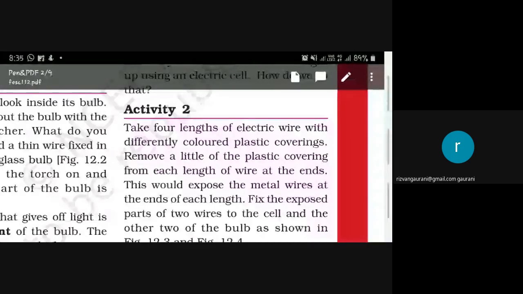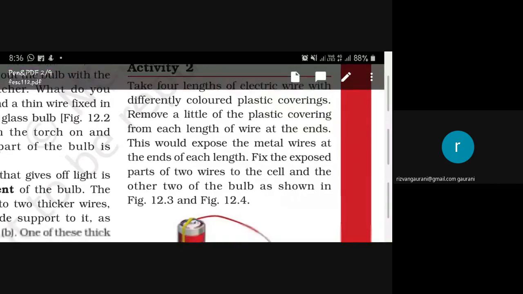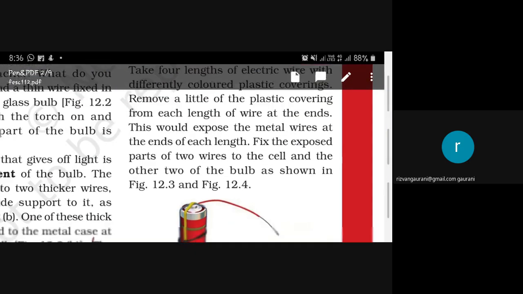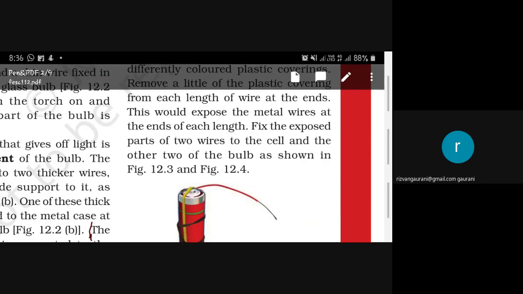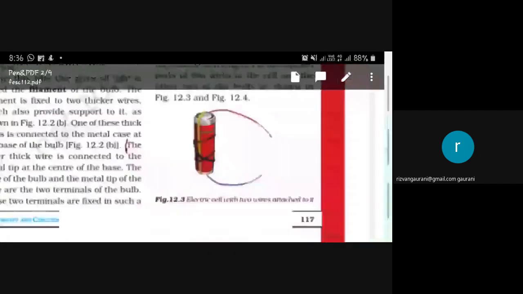Remove a little of the plastic covering from each length of wire at one end. This would expose the metal wires at the ends of each length. Fix the exposed parts of two wires to the cell and the other two to the bulb as shown in Fig 12.3 and Fig 12.4.